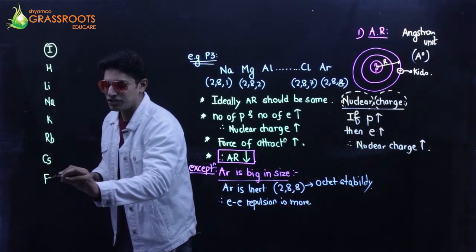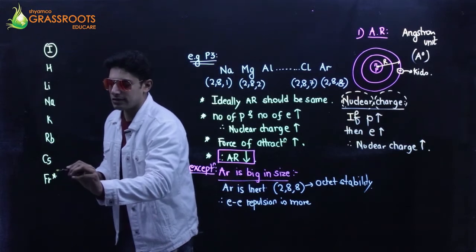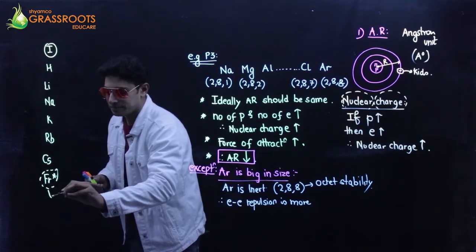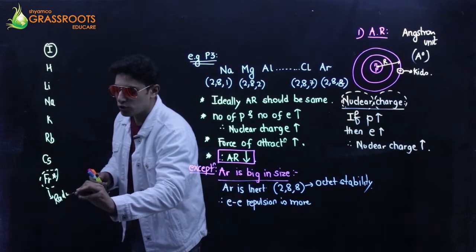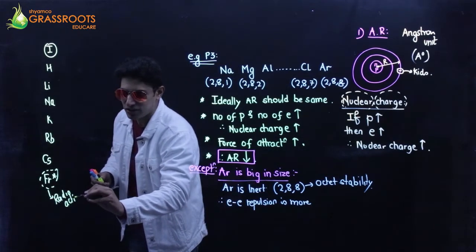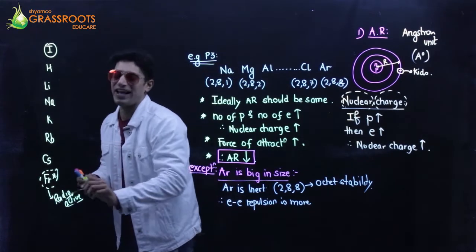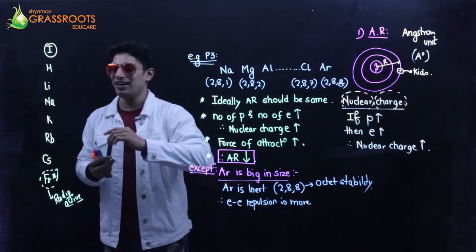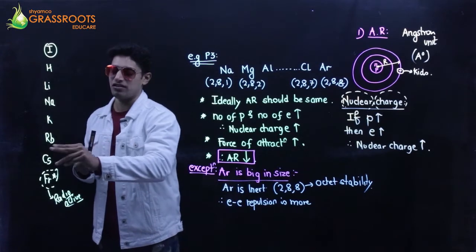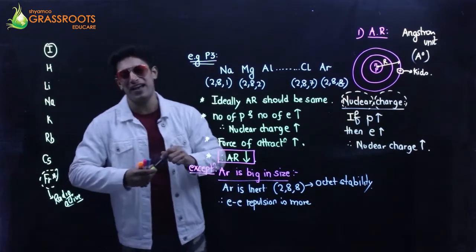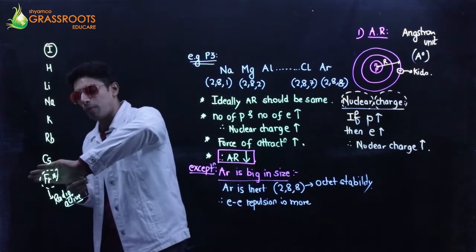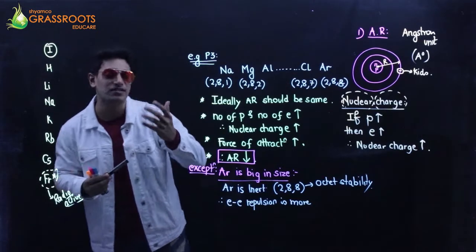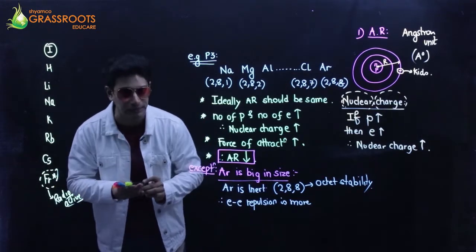Now students, francium is radioactive. So usually most of the teachers don't consider francium in the competition. It's cheating, yaar. These all are normal and this is strong. So that's not a fair deal. So we stop at cesium and we will discuss up till cesium only.